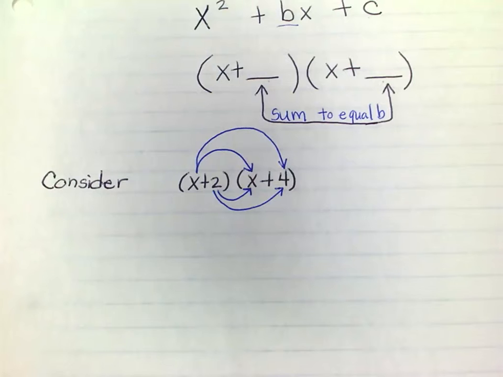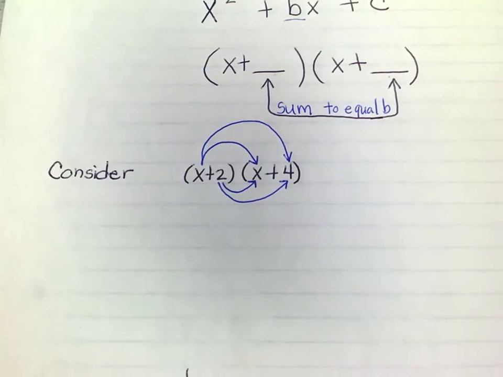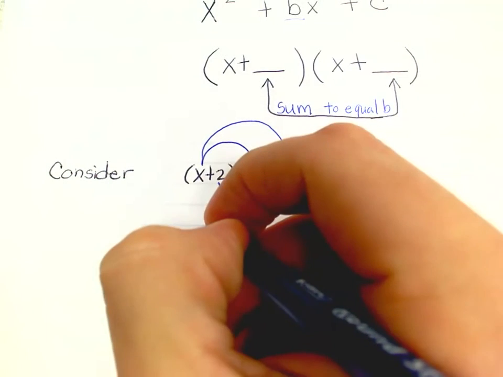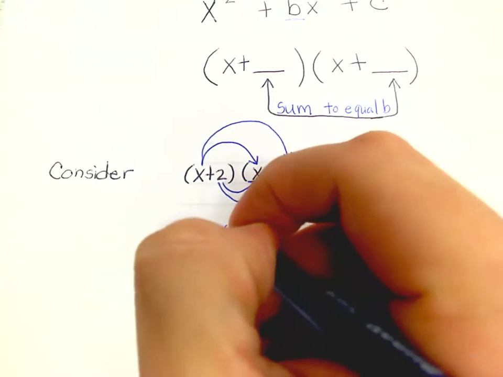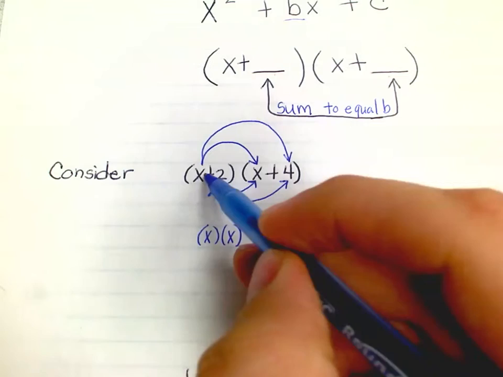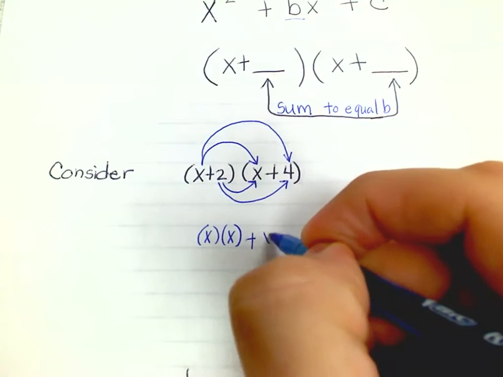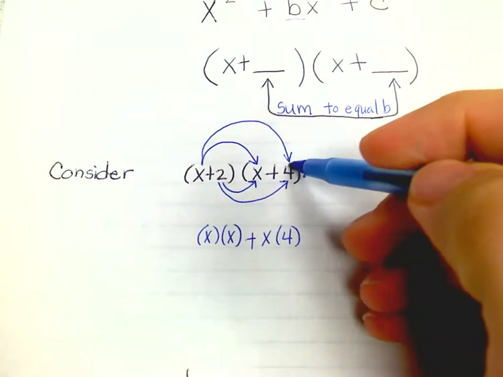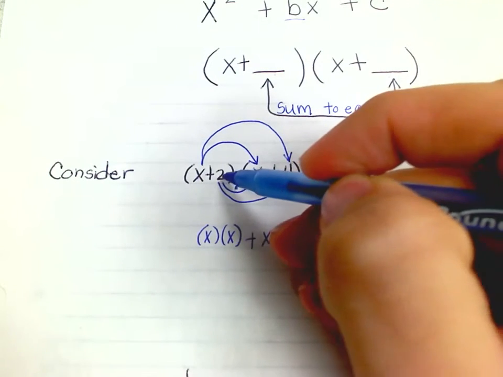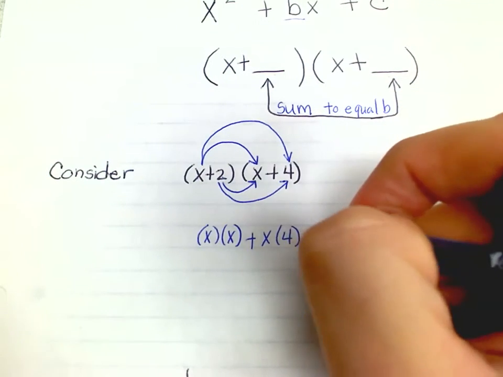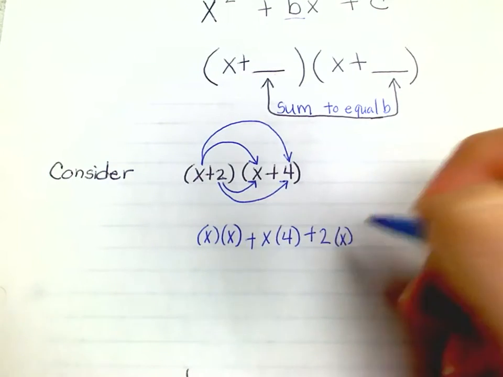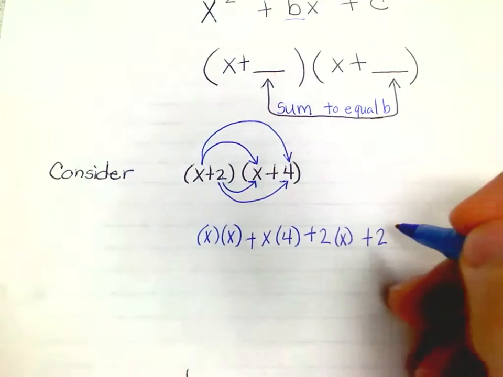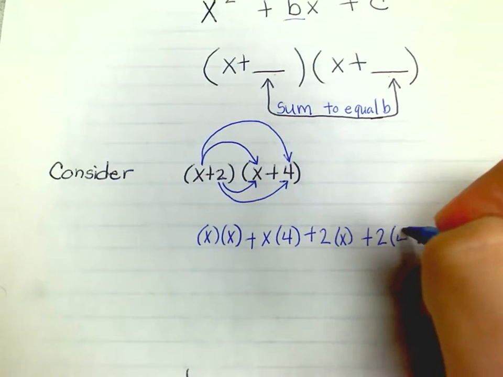So we FOIL this out: x times x, and then plus x times 4, that is the O. Now the I, 2 times x, then finally 2 times 4 to do the L, or last term.